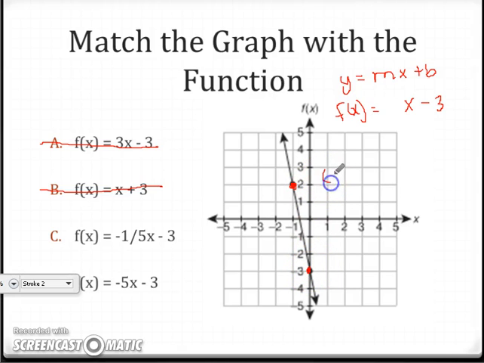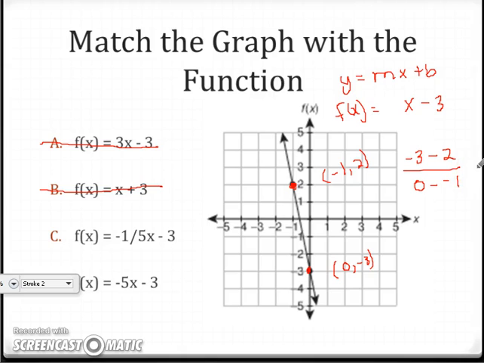The coordinates of this one is (-1, 2). This one is x is 0, y is -3. So if we subtract y2 minus y1, so -3 minus 2, and then the x from that same point, 0 minus a -1, will get me the slope of that line.